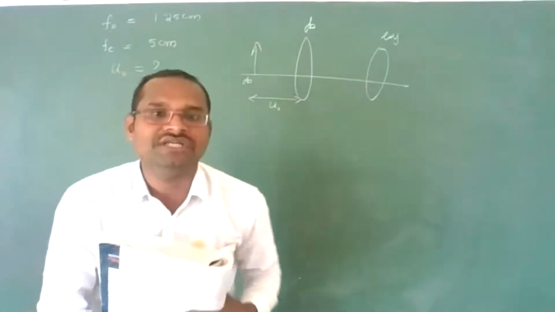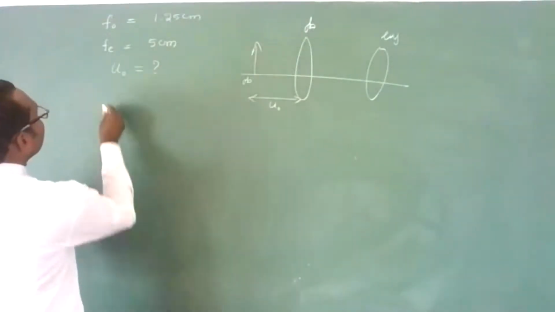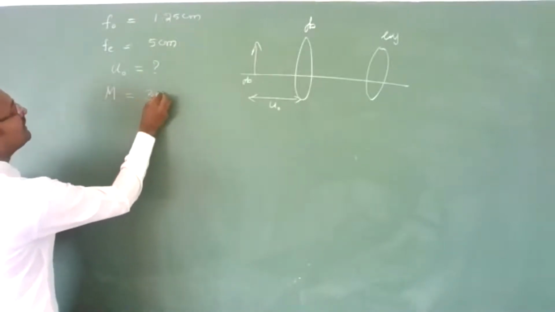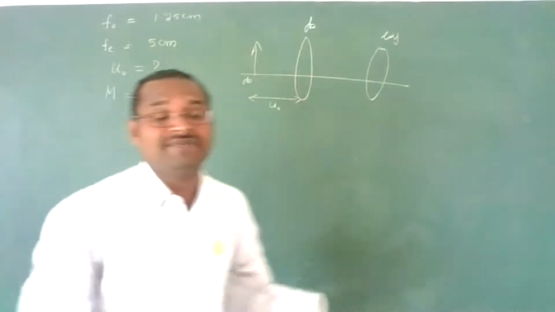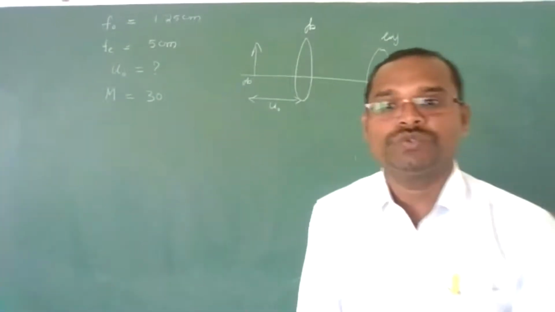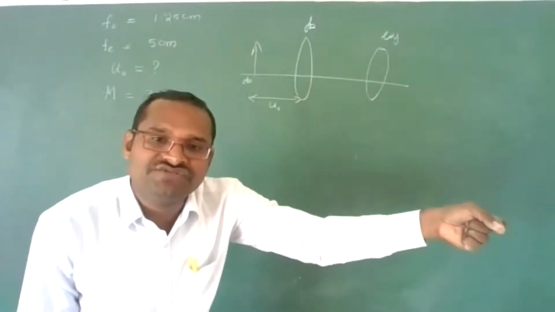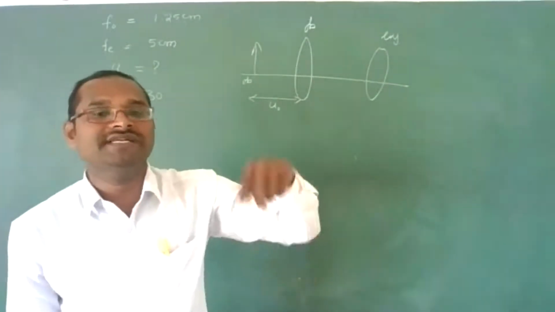Okay, what is the condition? The condition is to get a magnification of 30, that too in normal adjustment. This magnification you will get two times: one time when the image forms at the least distance of distinct vision, and a second time when the image forms at infinity.